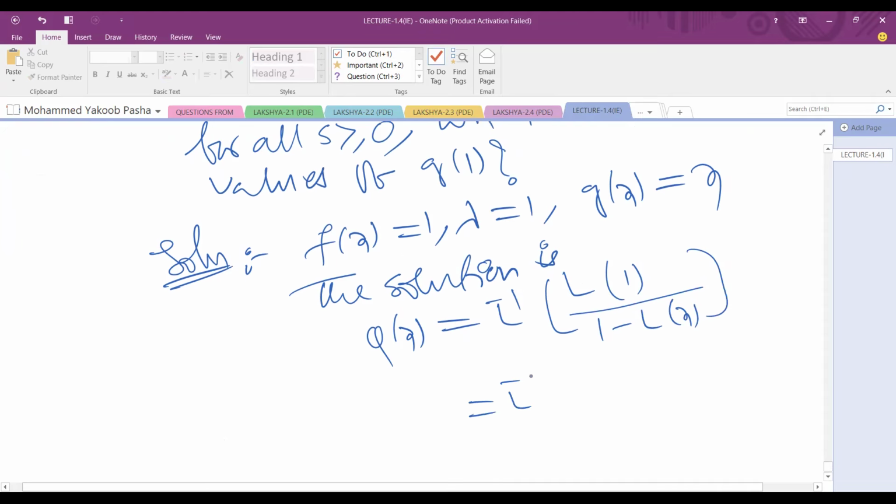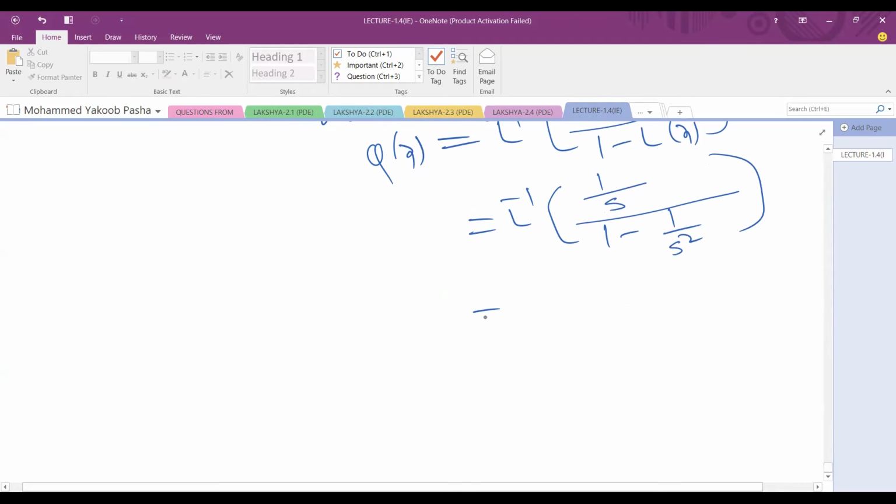So this is equal to inverse Laplacian of 1 is, what is 1? 1 by s, is it? 1 minus, what is Laplacian of x? 1 by s square. Okay.